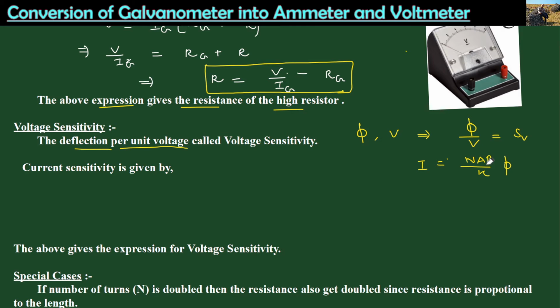So that is our expression. Also we write down that this NAB divided by K will be equal to G, and this G is what we define as the galvanometer constant.